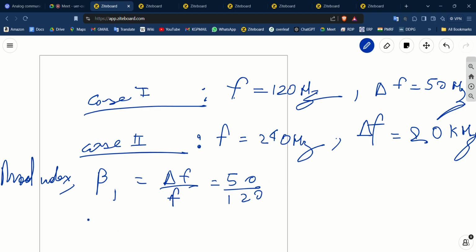In the second case, the modulation index beta 2 is 20,000 divided by 240.